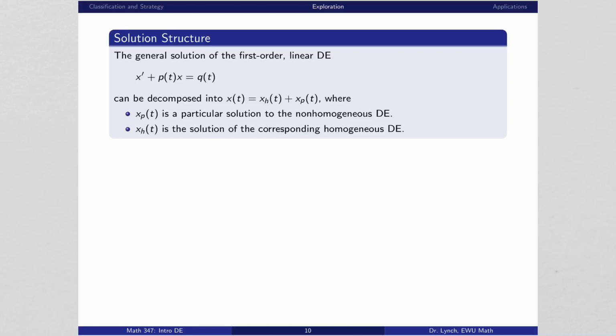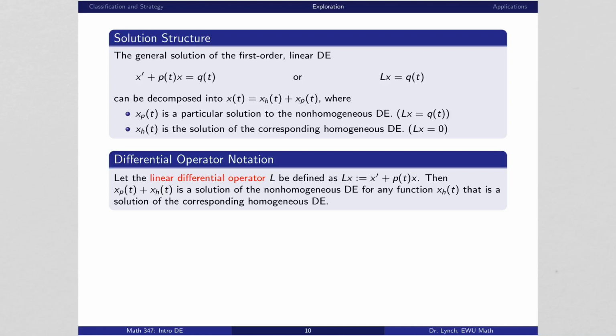But wait, there's more. Let's think about this linear differential equation in so-called linear differential operator notation. Here I'm defining the linear differential operator L to be x prime plus p of t x. So Lx is x prime plus p of t x. You can think of these differential operators as just a way to mix up unknown functions and their derivatives.